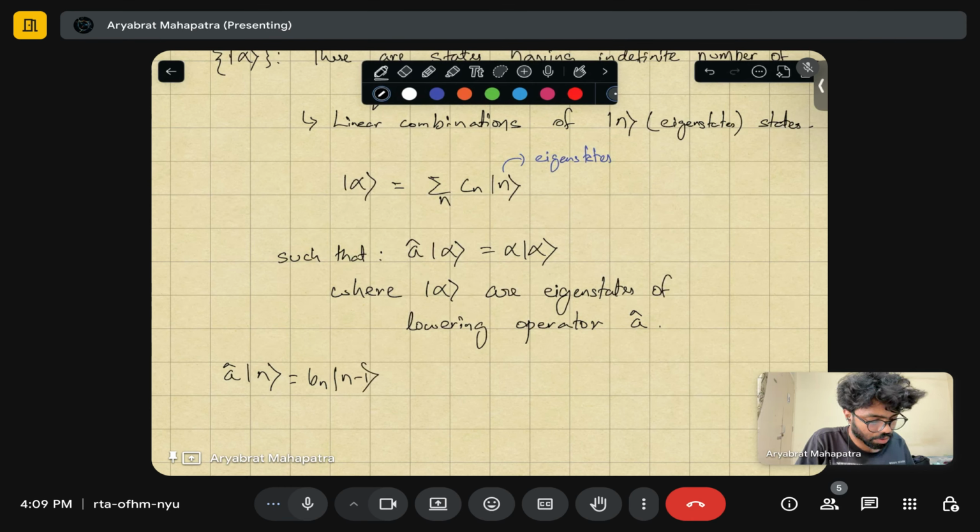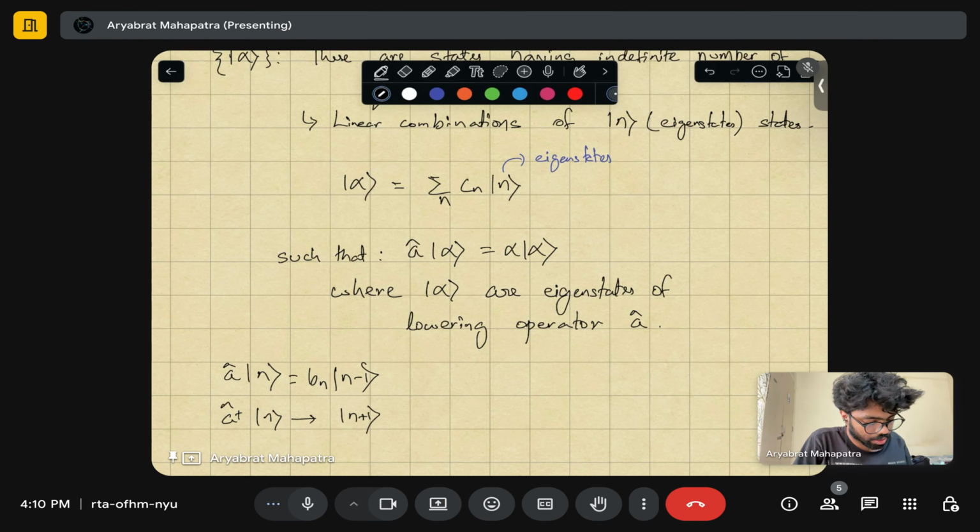So if you apply a on n, you get n minus 1. Likewise you have the a dagger operator. If you act it on n, you get n plus 1. These are the lowering and raising operators.